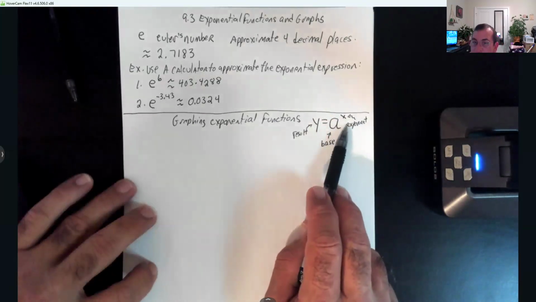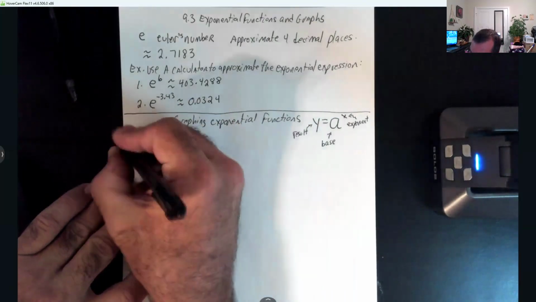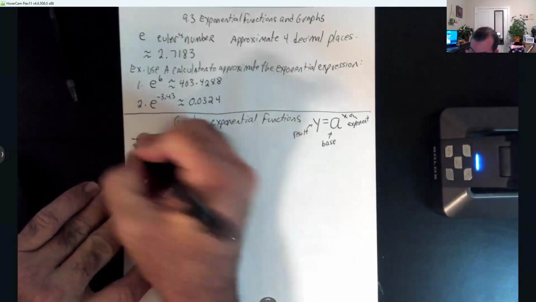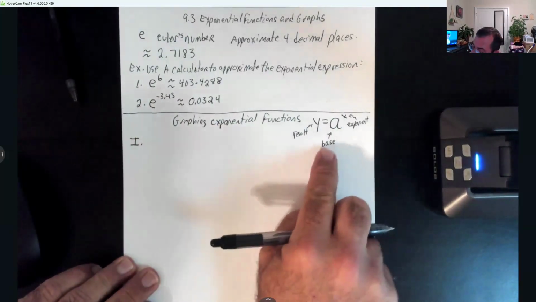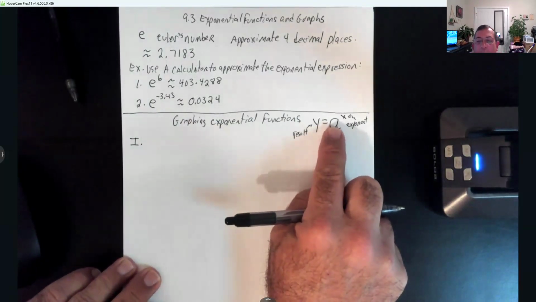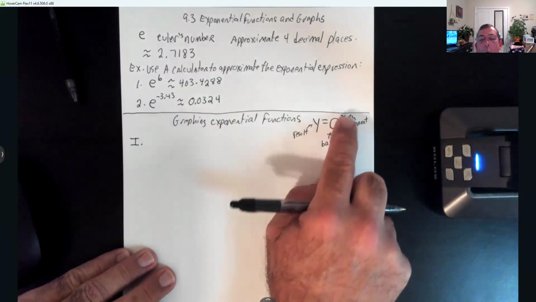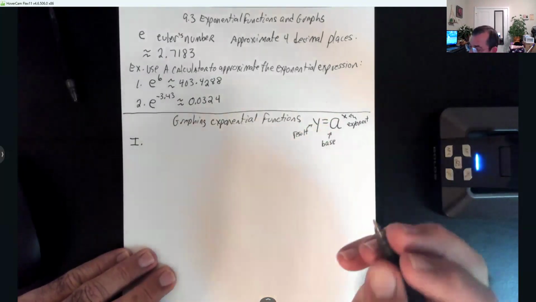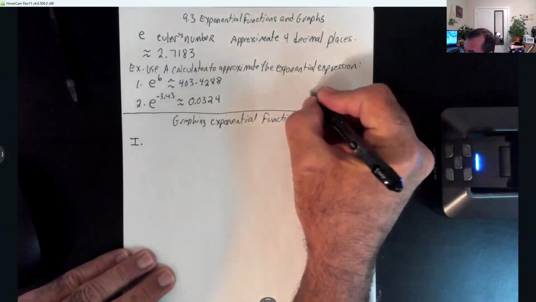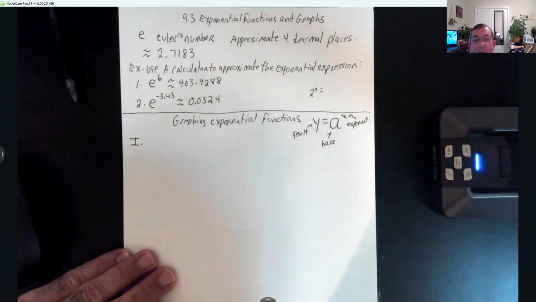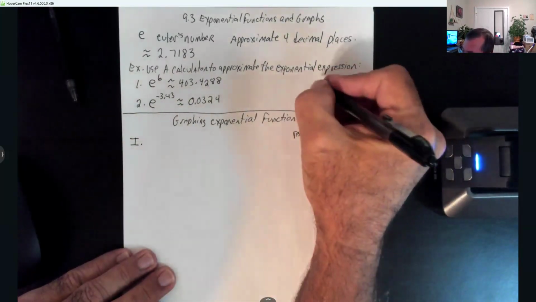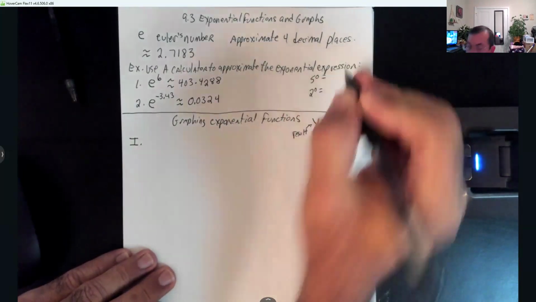So a few things about these graphs. Well, y'all, no matter what this base is, if I put a 0 in for the exponent, what will that equal? So I'm looking at stuff like 2 to the 0. What does that equal? 5 to the 0.